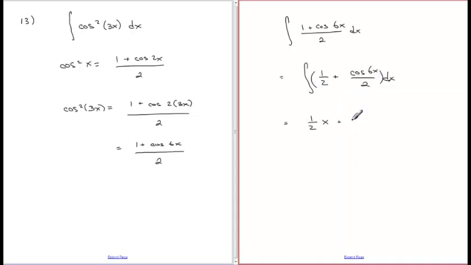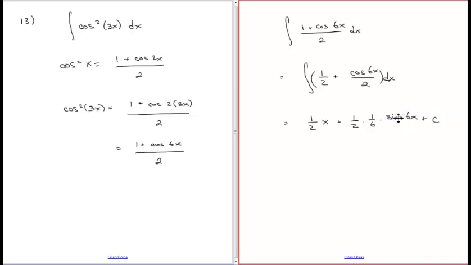So we're going to have 1/2 times, and we've seen before that when you integrate this, you have to have 6 dx to fit it into the form of the cosine of u du. So we'll have to have 6 dx here, which means we'll have to divide by 6 outside, and then when we integrate it, the integral of the cosine of 6x will be equal to the sine of 6x plus our arbitrary constant.